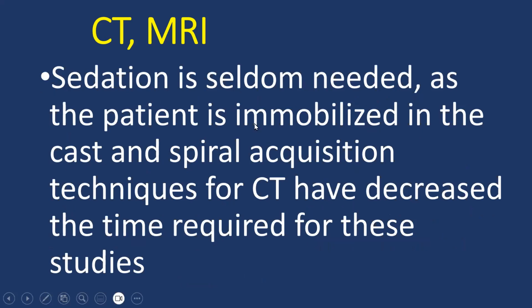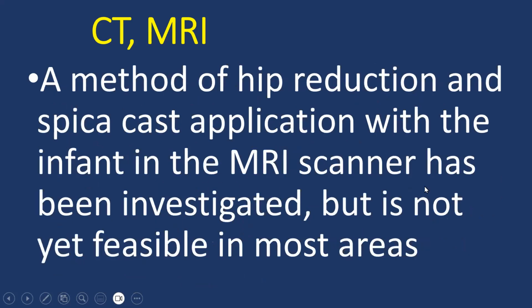Sedation is seldom needed as the patient is immobilized in the cast, and spiral acquisition techniques for CT have decreased the time required for these studies. A method of hip reduction and spica cast application with the infant in the MRI scanner has been investigated, but is not yet feasible in most areas.